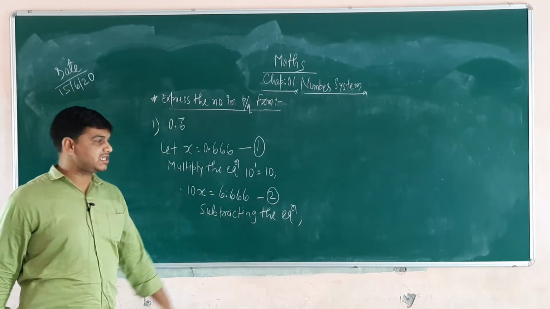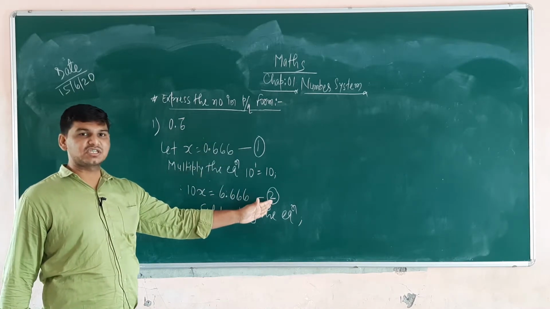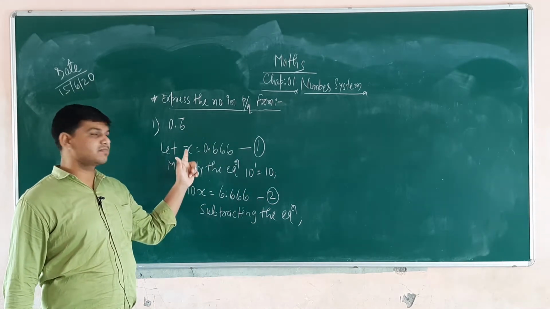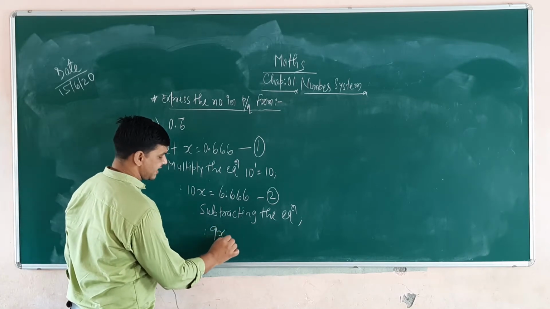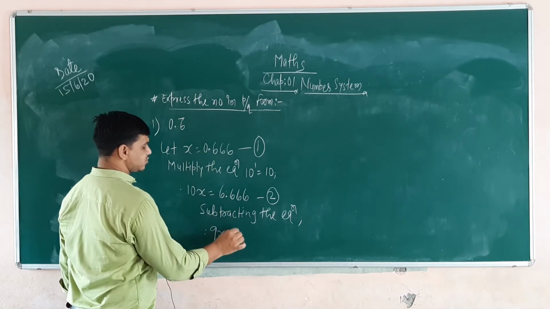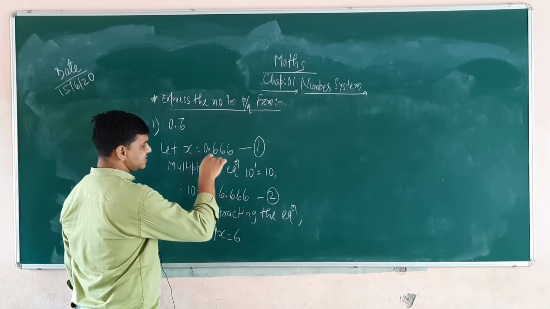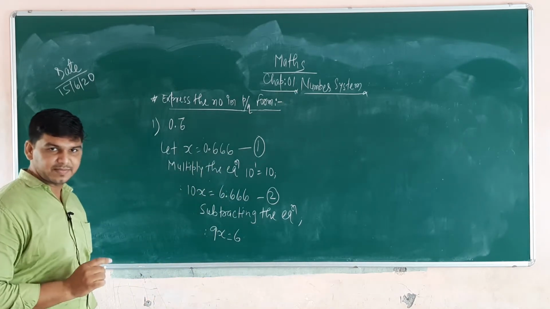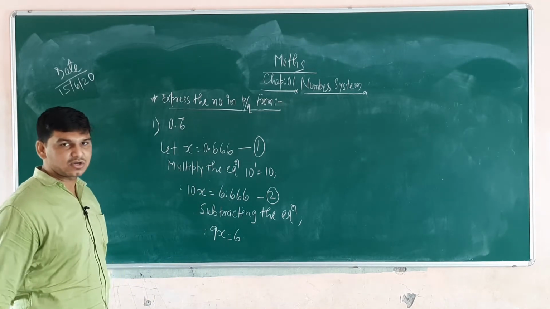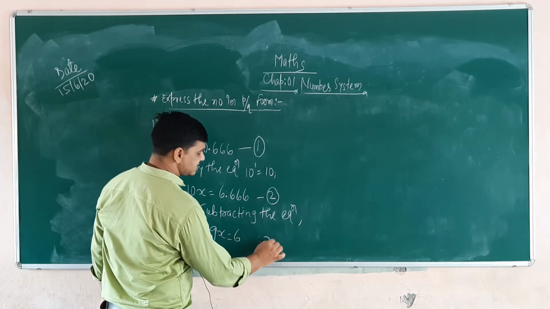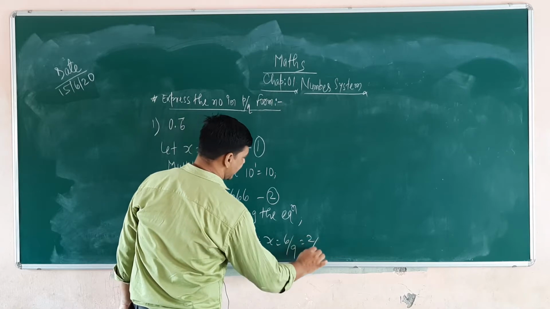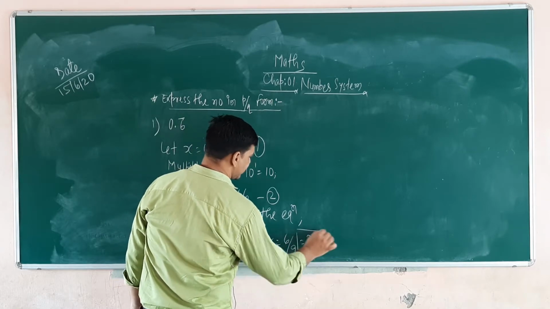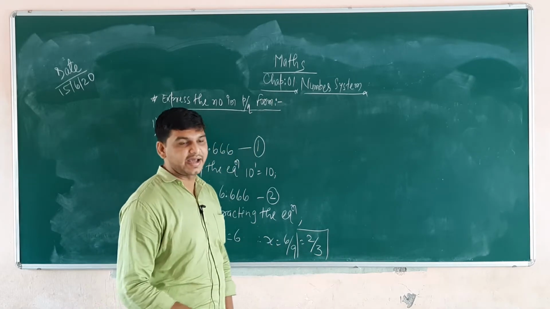So 10x minus x becomes 9x, equal to 6.666 minus 0.666, where the decimal parts are eliminated, so 6. So 9x equals 6, then x equals 6 by 9, which is 2 by 3.